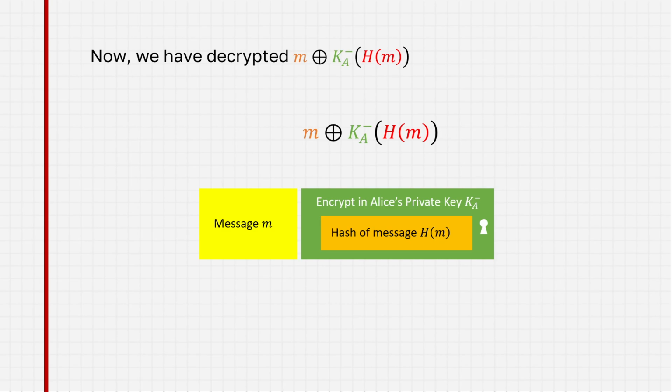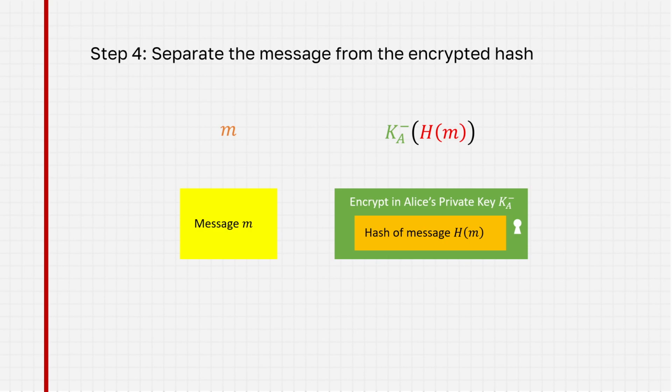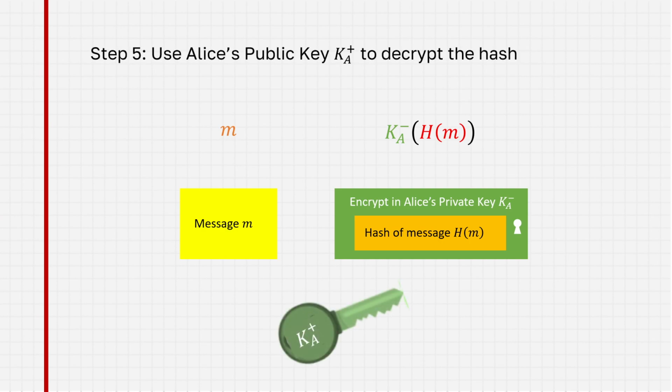Clear? Correct? Now what do you do? Split them again. Then use Alice's public key to verify the hash. So now we use Alice's public key in order to decrypt this. Since this is Bob, Bob has access to the public key, but Bob doesn't have access to Alice's private key.